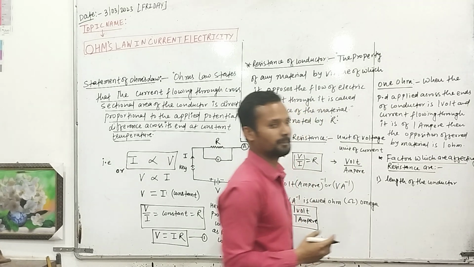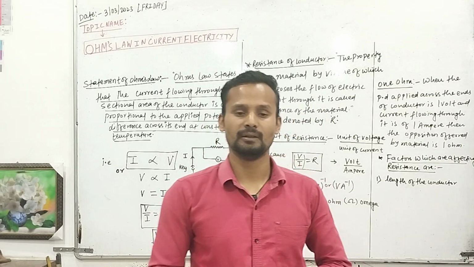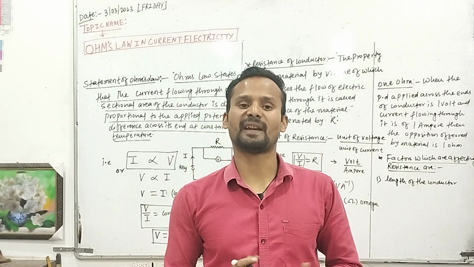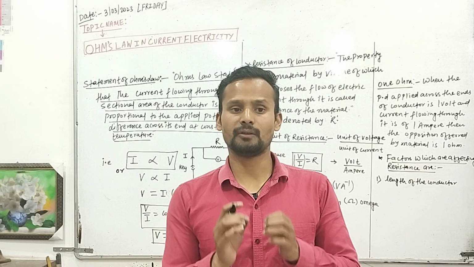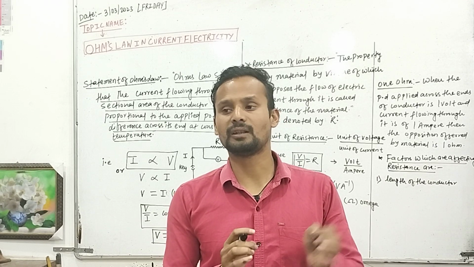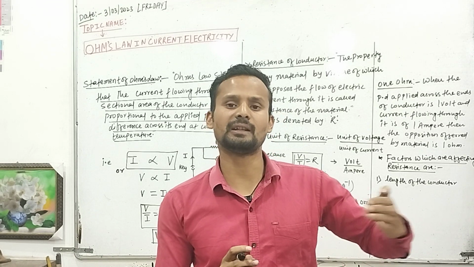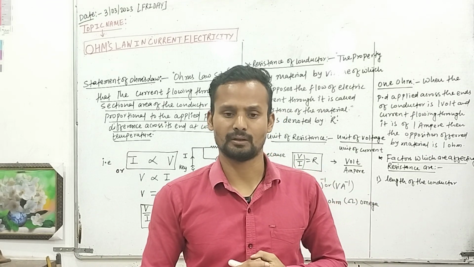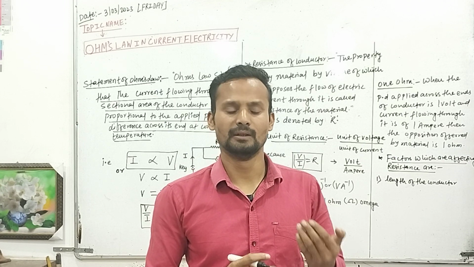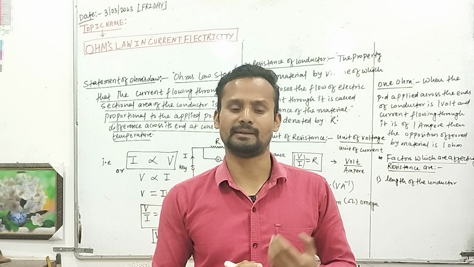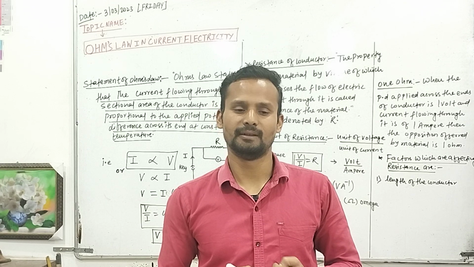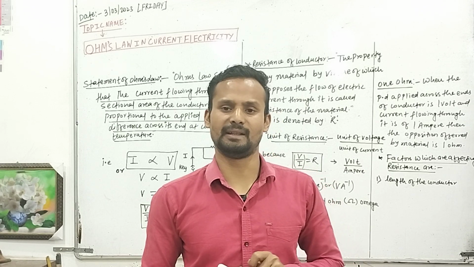How does resistance depend on the length of the conductor? It is found experimentally that the length of the conductor is directly proportional to the resistance. So resistance varies linearly with the length of the conductor. If we increase the length, the resistance of the conductor increases. If we decrease the length, the resistance of the conductor decreases.